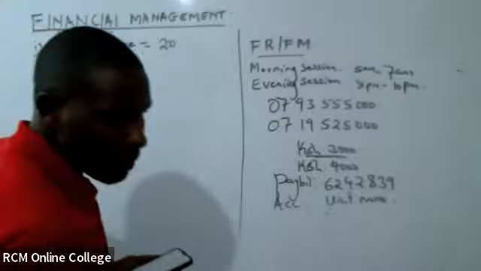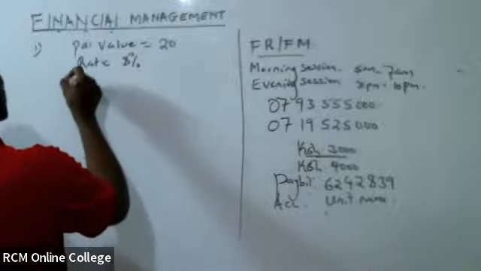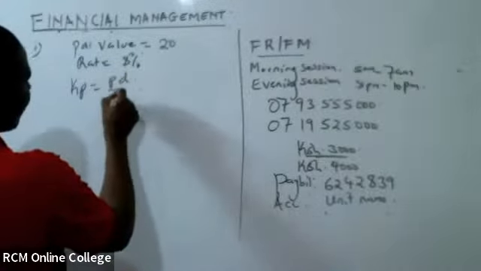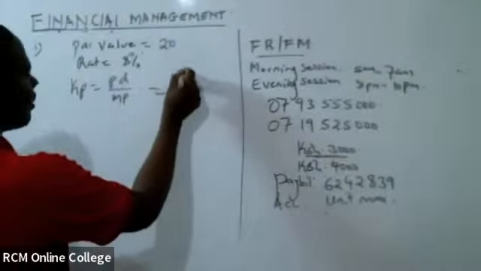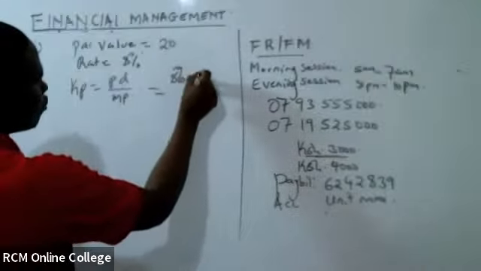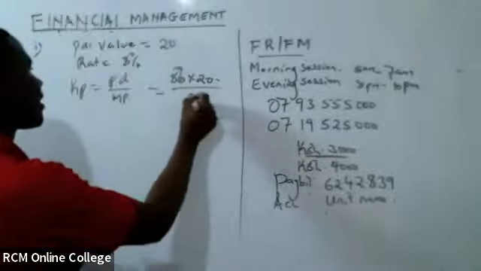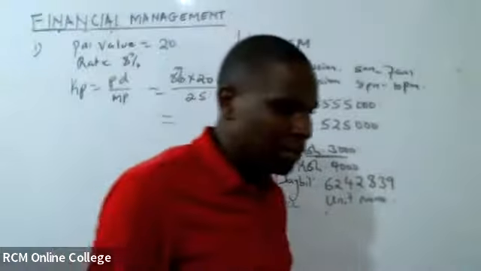And then give me the market price. So I know that KP is equal to preference dividend over the market price. That is 8% times 20, divided by the market price, which is how much? 25. So is this giving people 6.4, or how is it giving them?